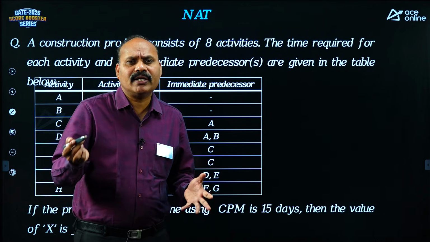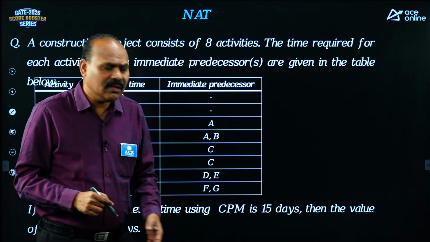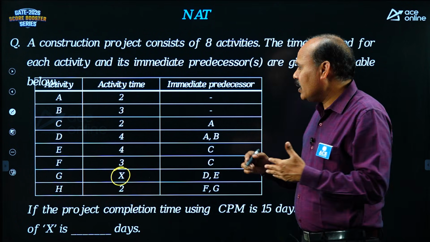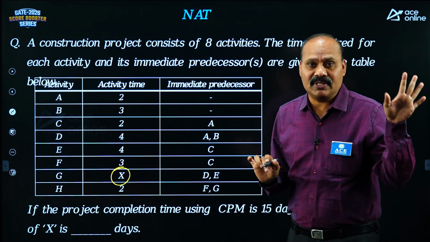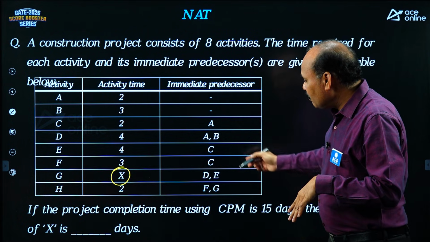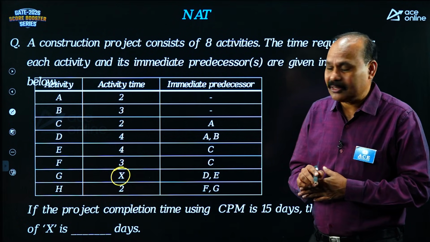If critical path duration is equal to 15, you get the X value. My choice would be the AON diagram. Don't try with AOA, it is a time waste in examination. This kind of data you can handle with only the AON diagram and get the answer within no time.